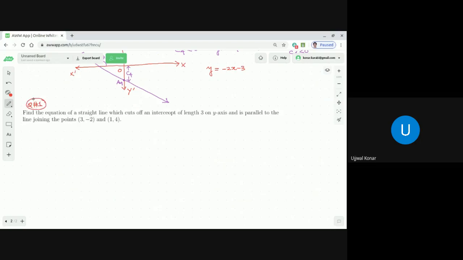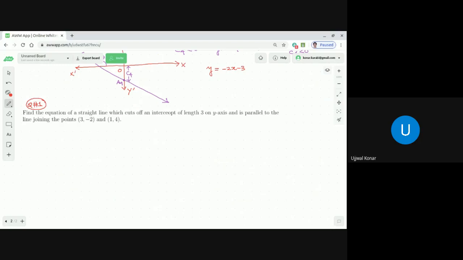The question here is: find the equation of a straight line which cuts off an intercept of length 3 on the y-axis and is parallel to the line joining the points (3, -2) and (1, 4).